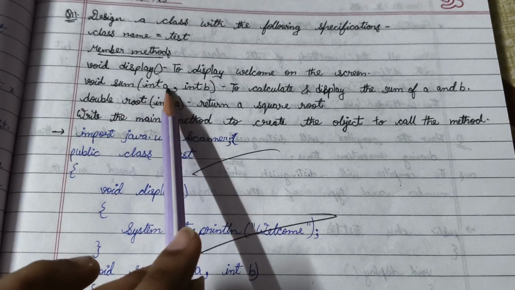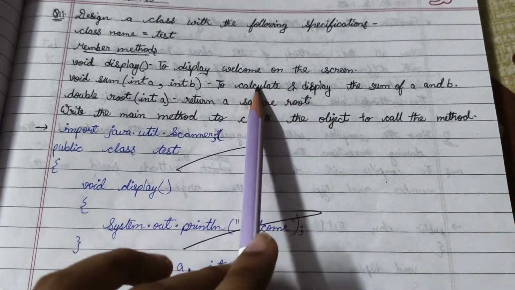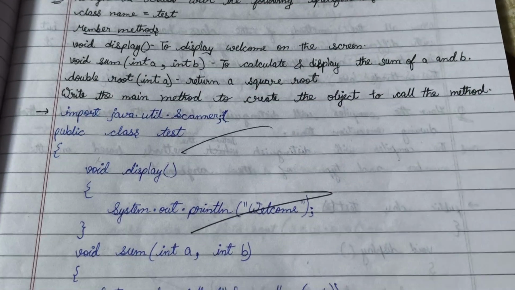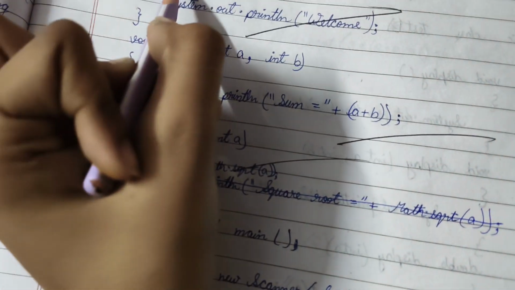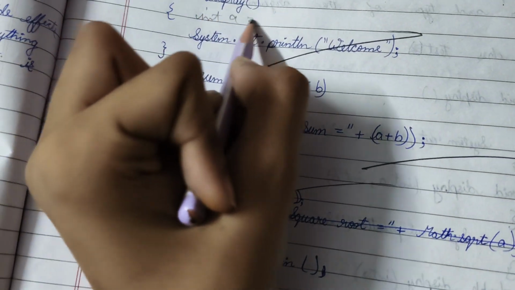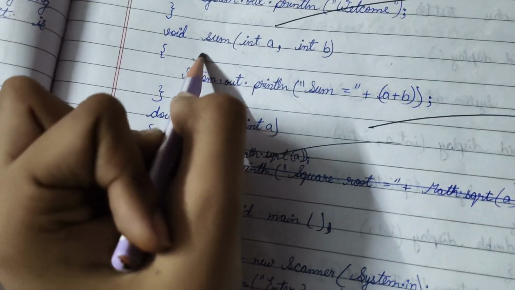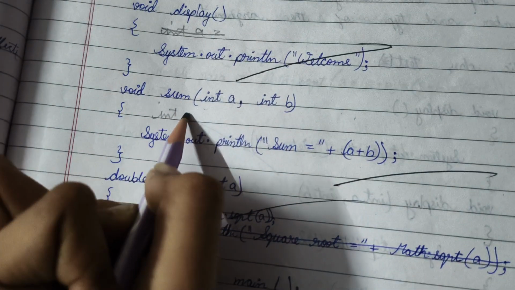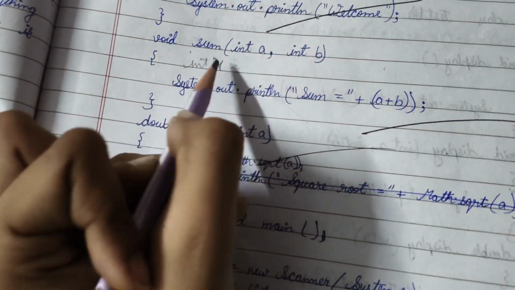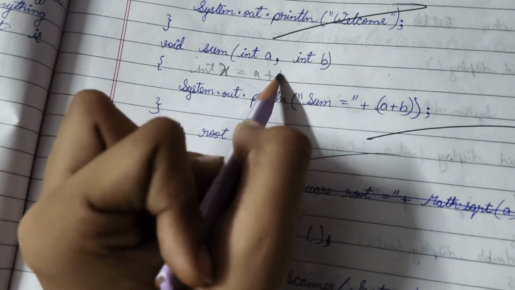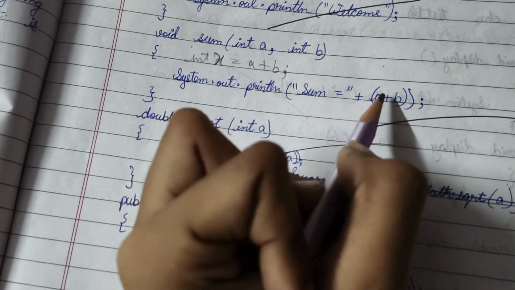Now in the second, they are telling us to take 2 arguments and to calculate and display the sum of those. So we are taking 2 arguments. Just directly we can do it, or you can do it similarly to what I told you here, like int x is equal to a plus b, and here sum is equal to x.